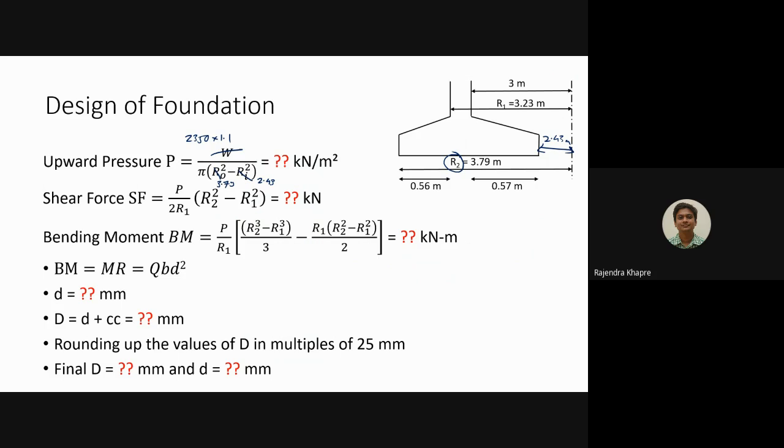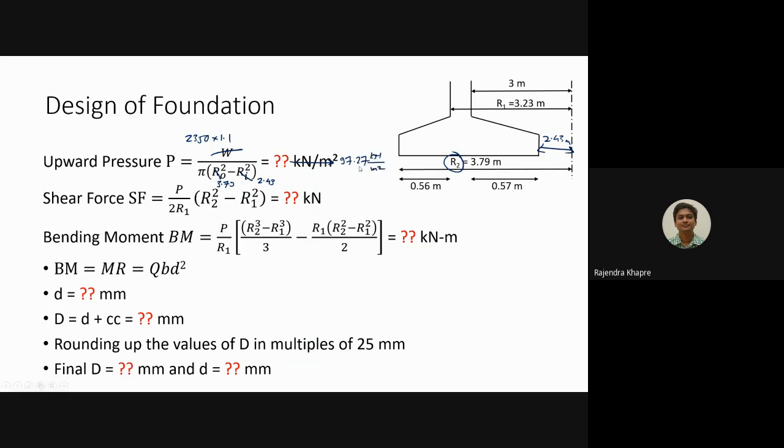That is 97 point something, in kilonewton per meter square.